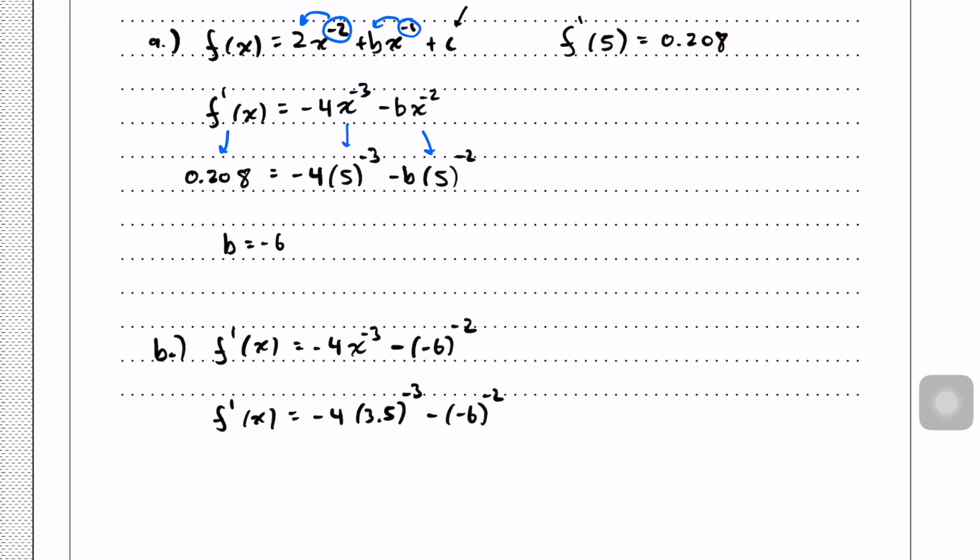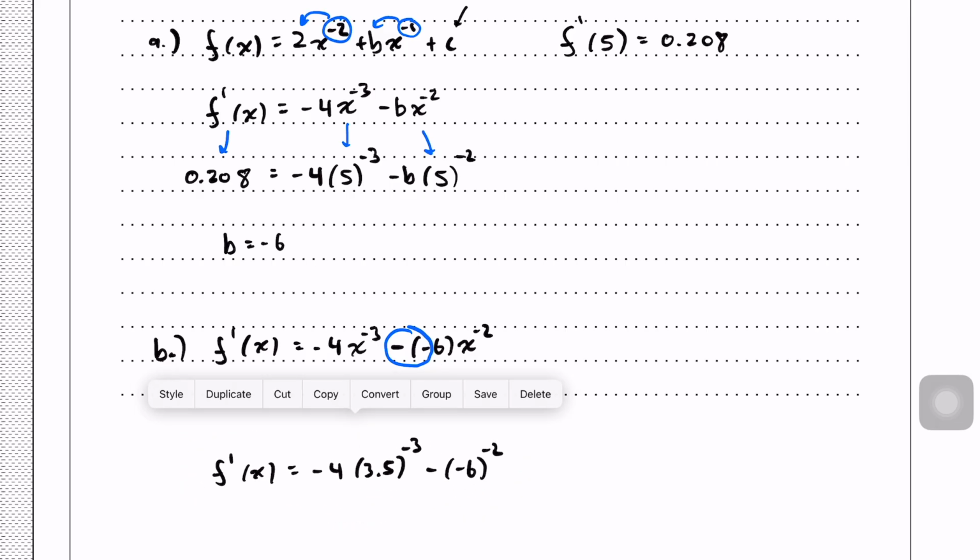So I didn't read this question as well as I should have. It's negative bx, so I got caught up a little. So negative bx to the -2. So in this case we can actually, and we should, deal with this. Let's go ahead and do that. Here we go. Clean it up.